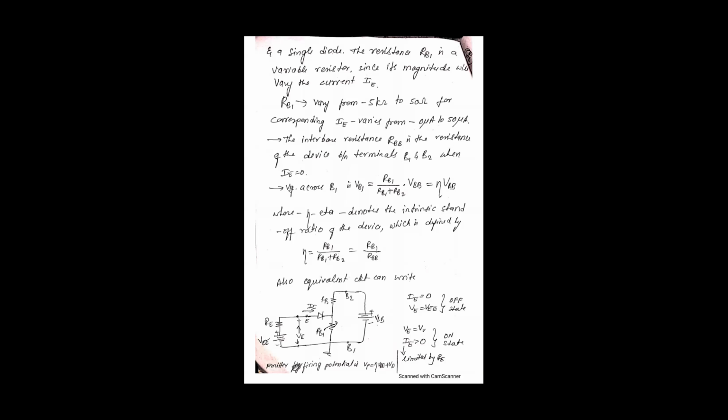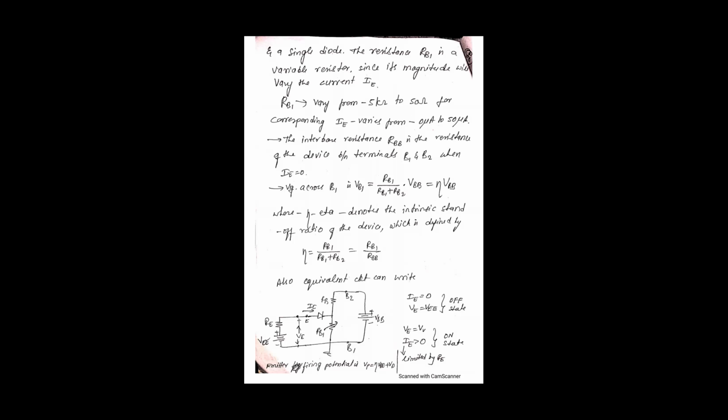Next, this is the equivalent circuit. We have the intrinsic standoff ratio zeta. Zeta is RB1 divided by RB1 plus RB2, which is also equal to RB1 divided by RBB, where RBB is the summation of the two resistances RB1 and RB2. This is the interbase resistance between the terminals base 2 and base 1.